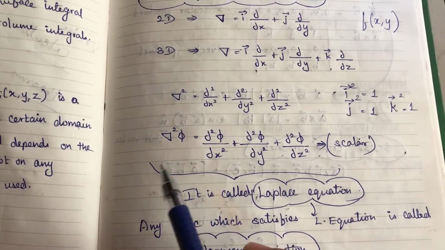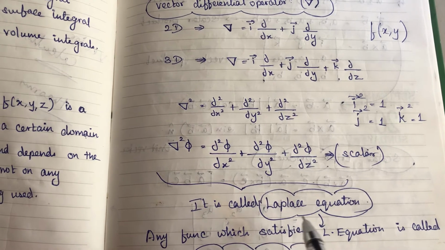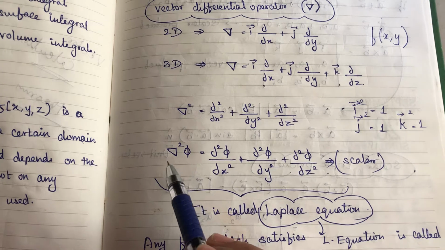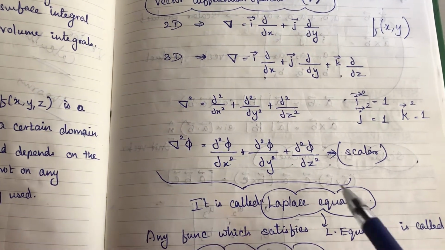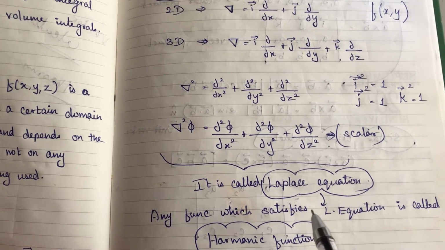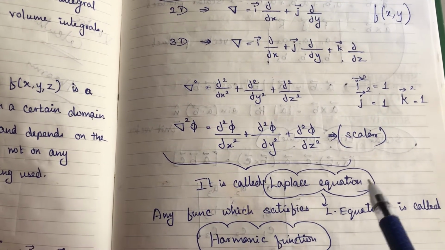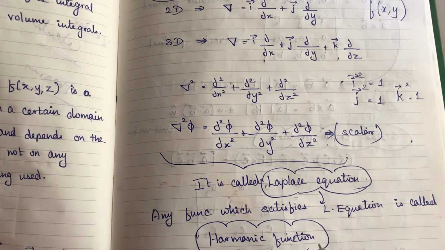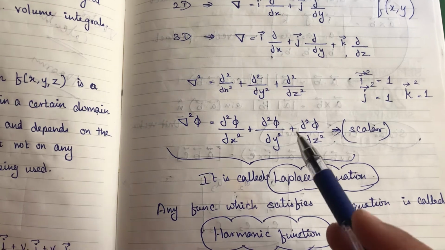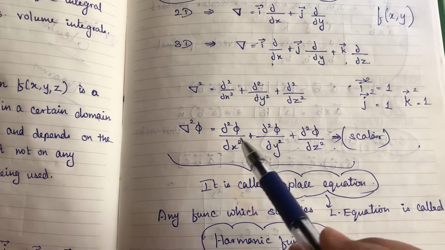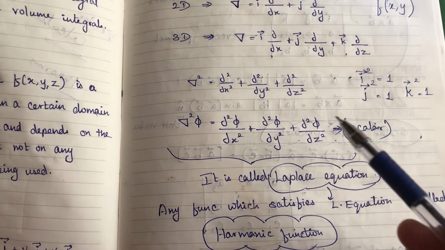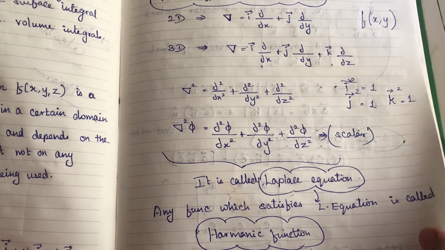And this is nothing but the Laplace equation. Del square of function is called Laplace equation. If any function satisfies this Laplace equation, that is a harmonic function. This equation is nothing but the Laplace equation.